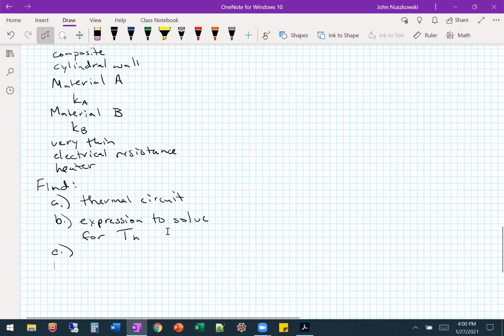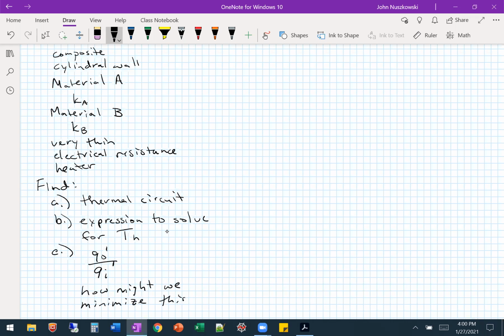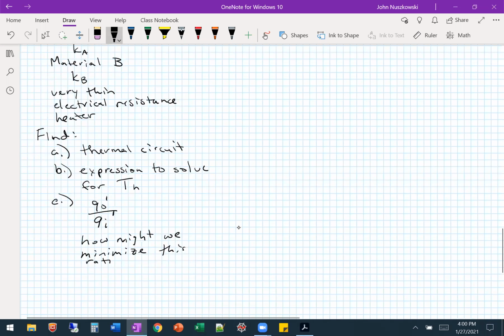So that's this ratio. And they ask, how might the variables of the problem be adjusted to minimize this ratio? So how might we minimize this ratio?